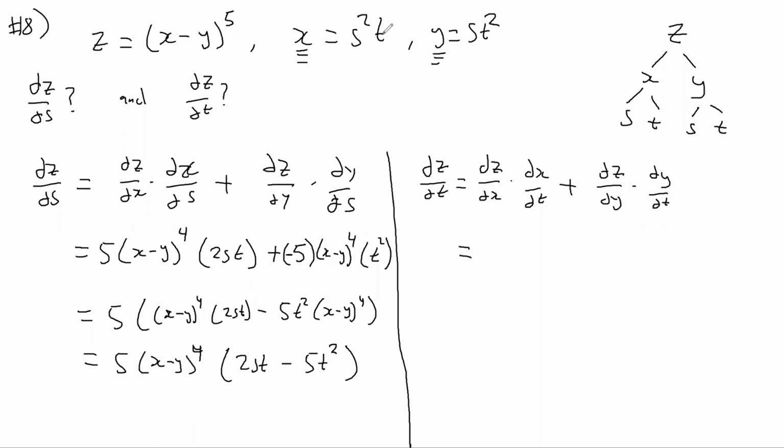So if we actually compute that out, dz over dx and dz over dy are the same as what we got from the previous question for dz over ds. So 5(x minus y) to the power 4, but dx over dt is going to be s squared. That's going to be added to dz over dy, which is negative 5(x minus y) to the power 4, and dy over dt is going to be 2st.